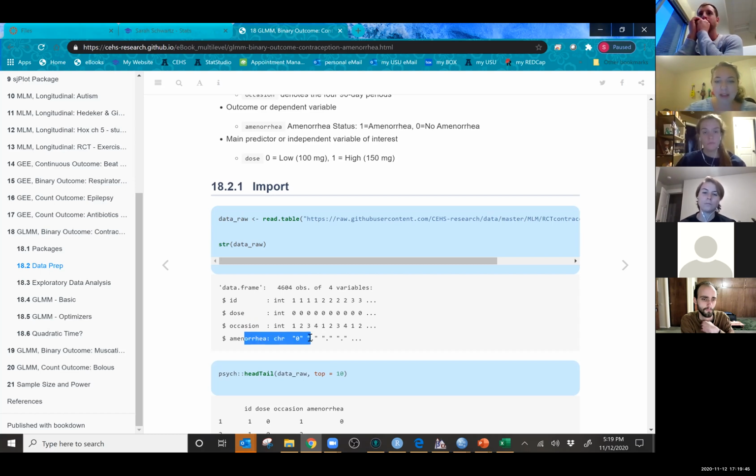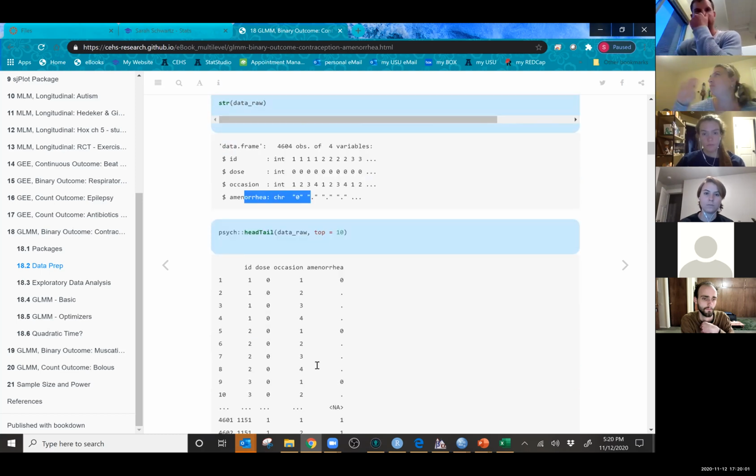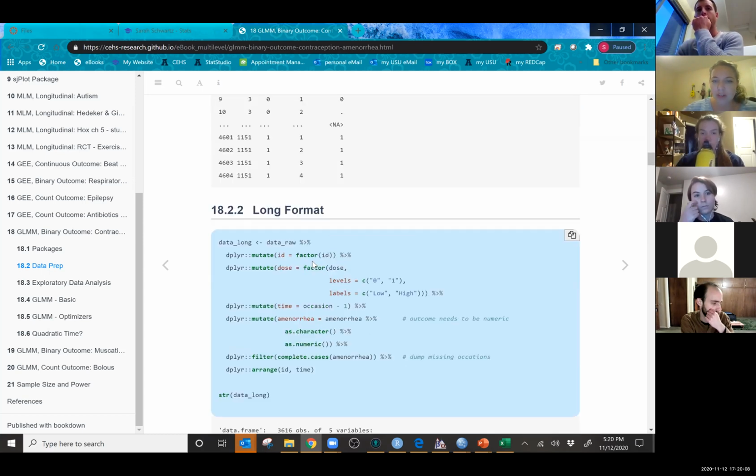And then the amenorrhea variable is coming in as a character, which means it's text, so we want to make that a numeric. Always, if your outcome is 0, 1, it's best to recode it as the number 0 and the number 1 and not as a factor. It causes less trouble. R is getting better, but sometimes it can cause problems. So that's what I did here. I made the ID variable a factor.